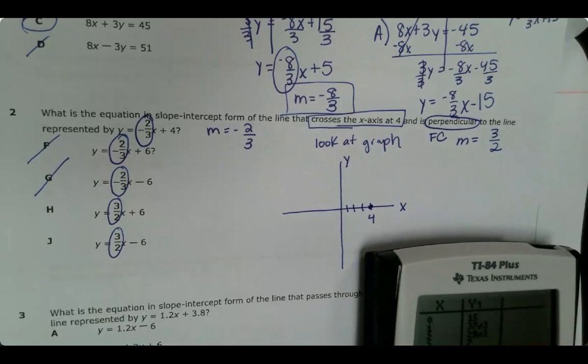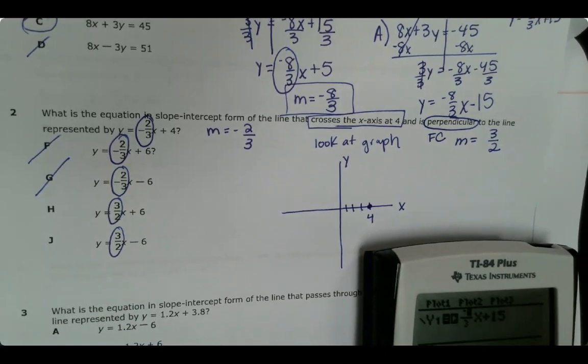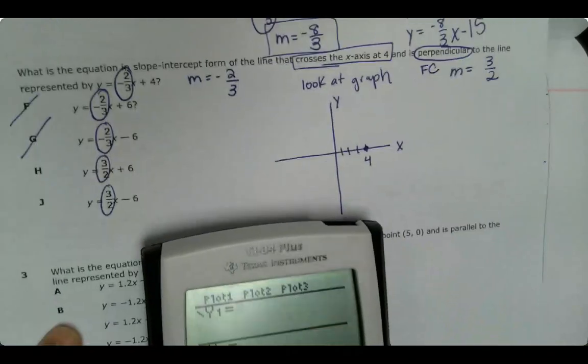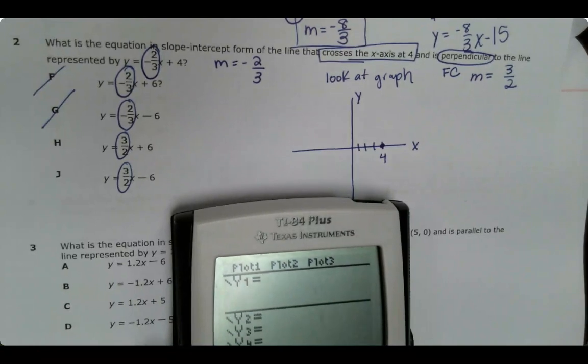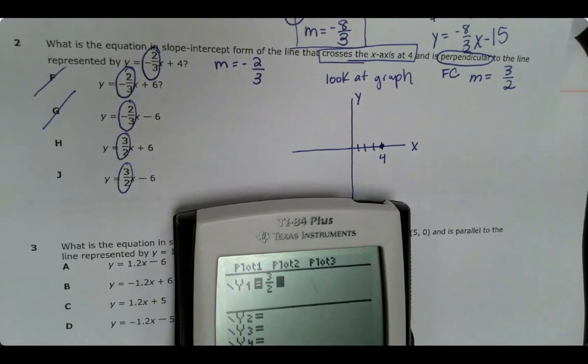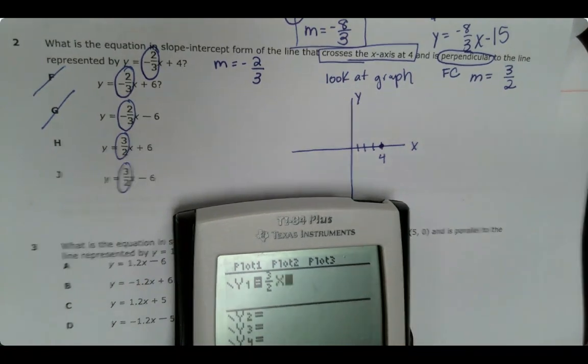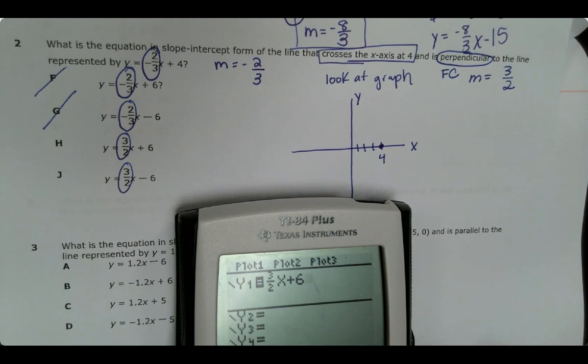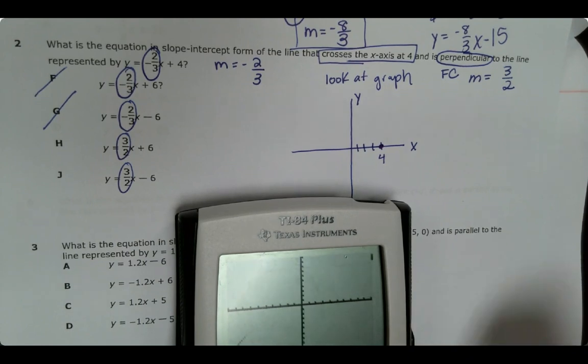So step 4 says plot your answer choice in. So go to y equals, and we're going to put that into y equals. Alpha y equals to get the fraction, and you pick the first one. So put that in, and we can just look at the graph.